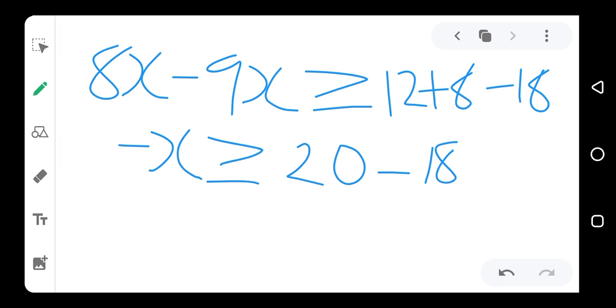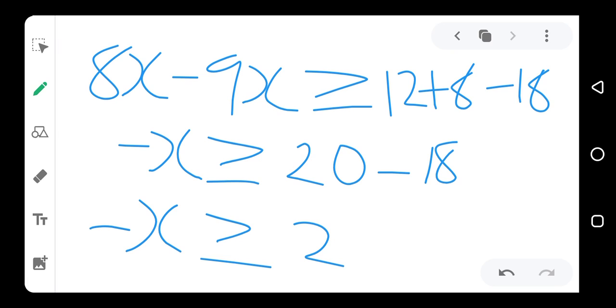That is 20 minus 18. So minus x is greater than or equal to 20 minus 18, which will give us 2.